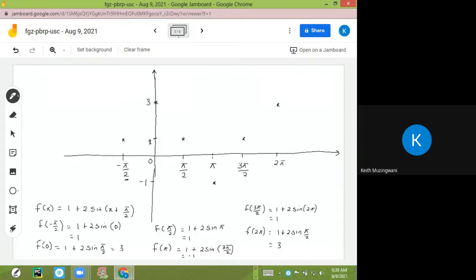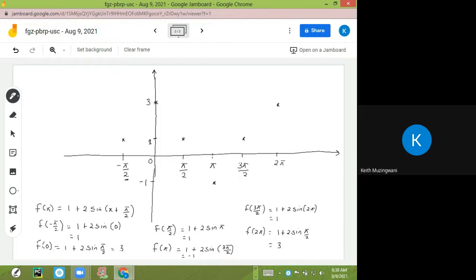Hello, sir. How do you relate the radians to be 1, to be 3, to be 2? Like for instance, there it's sine 3 pi over 2. Now, how do you get 3 pi over 2 to be 1, 2 or 3? We don't get them to be 2 or 3.